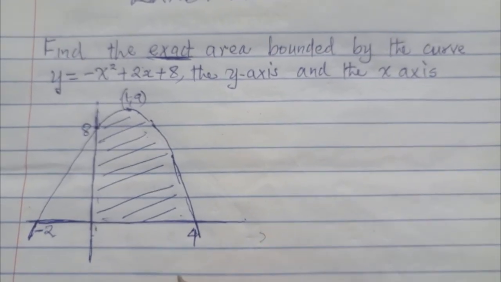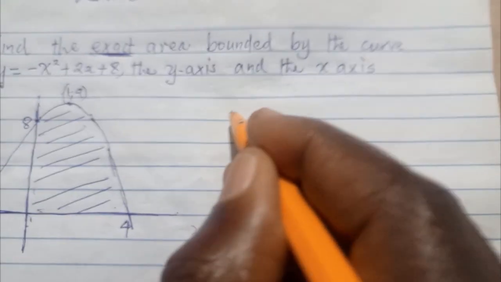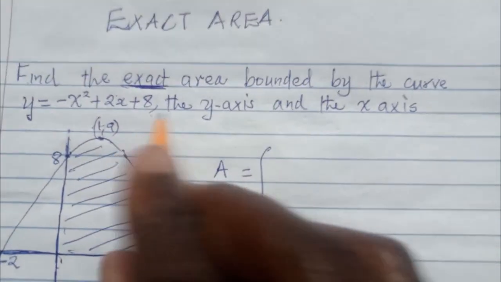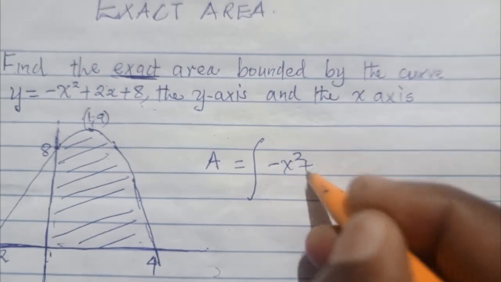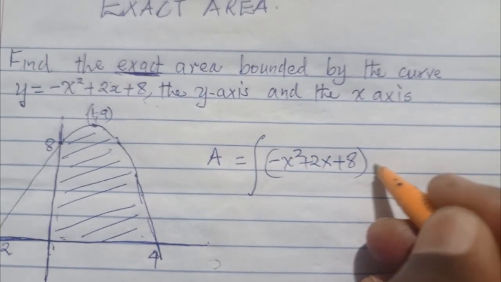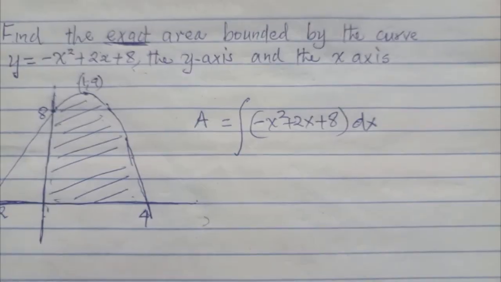So in this case, what you are supposed to do is to integrate the function that you're given, -x squared plus 2x plus 8, with respect to x. So we have the dx there.